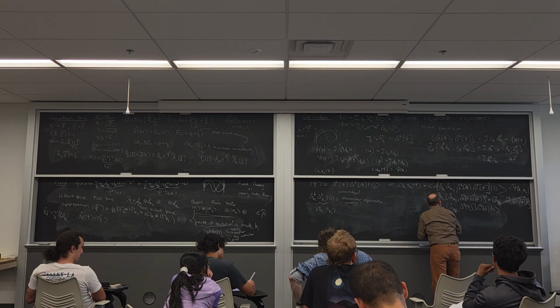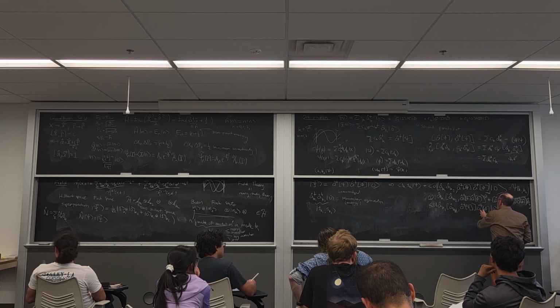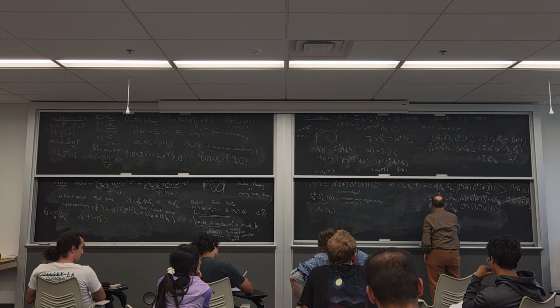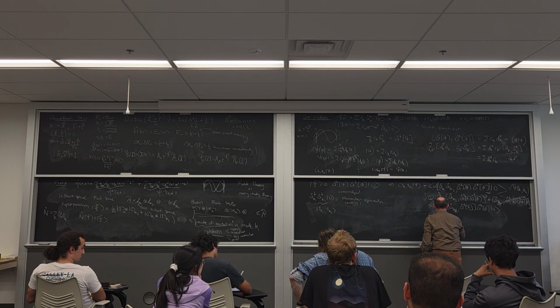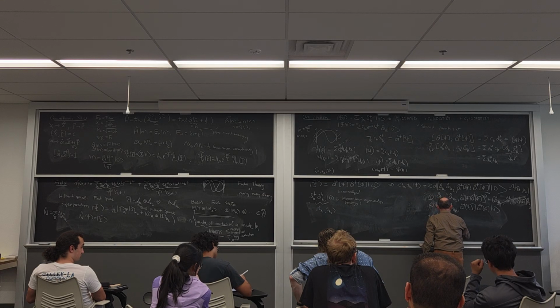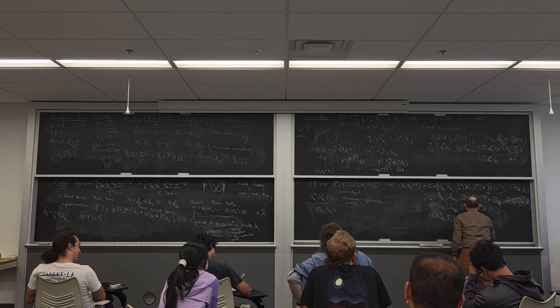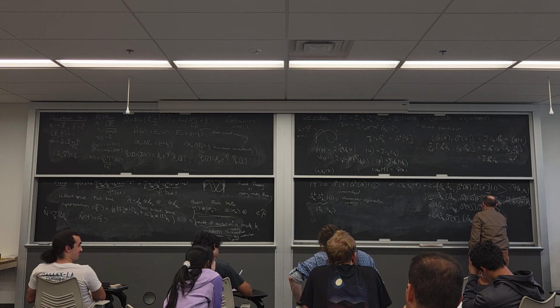Well, let's do it one step at a time. What I did is I took that guy off to the left, and now I have to add this guy into the right. Oh God, this is tedious. Commutator algebra.